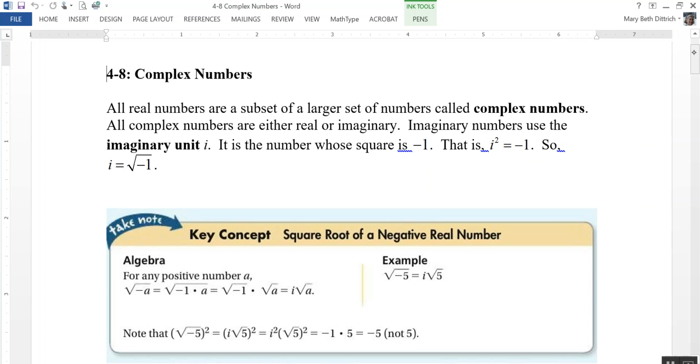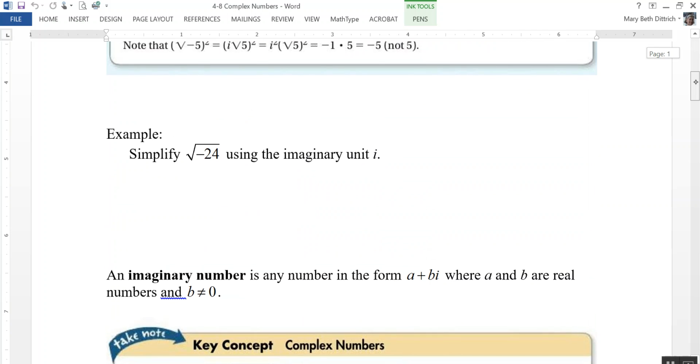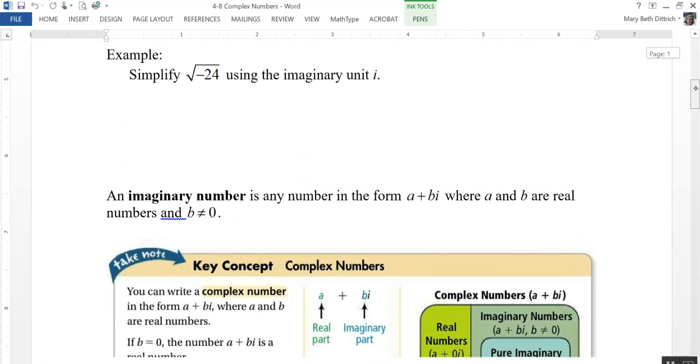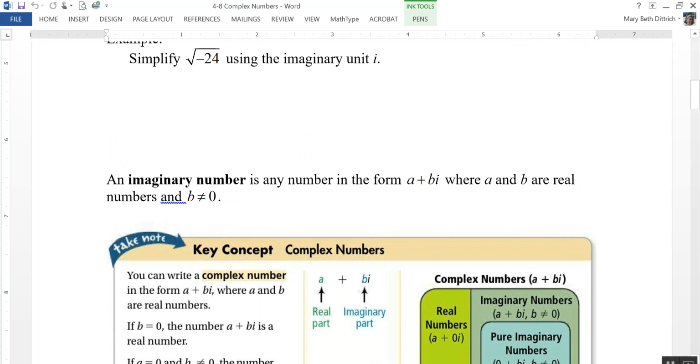Let's take a look at an example. Here we need to simplify the square root of -24 using the imaginary unit i. The first thing I'm going to do is rewrite the square root of -24 as the square root of -1 times the square root of 24. Now I have to simplify the square root of 24. I'm going to write that as the square root of 4 times the square root of 6.